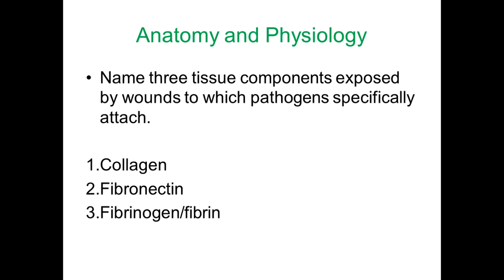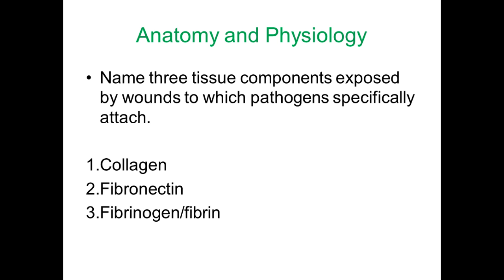So for any infection, the most important part is attachment, right? And when our skin is breached in our tissue, there are major components of our tissues that the bacteria or microorganisms attach to. So specifically, they're attaching to your collagen, your fibronectin, your fibrinogen, which is the inactive form of fibrin, which is the protein components that help form clots, right?